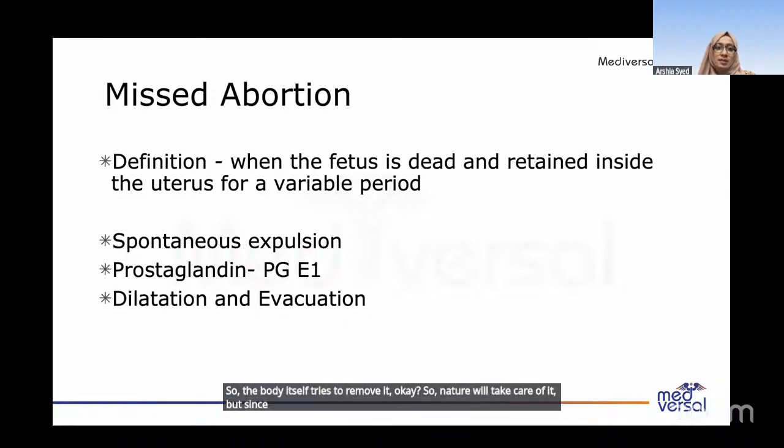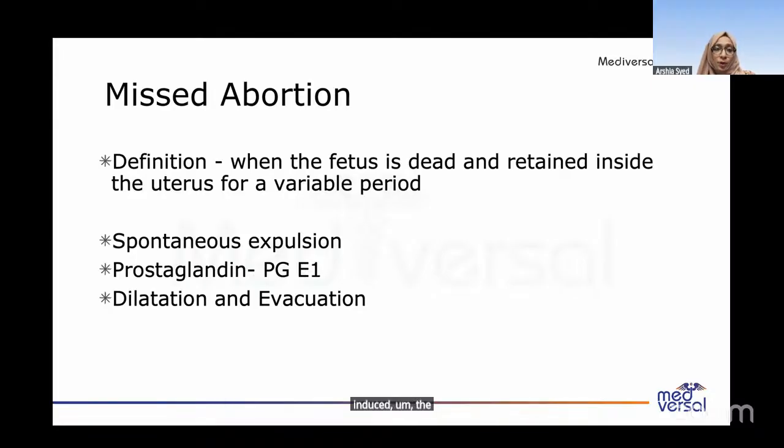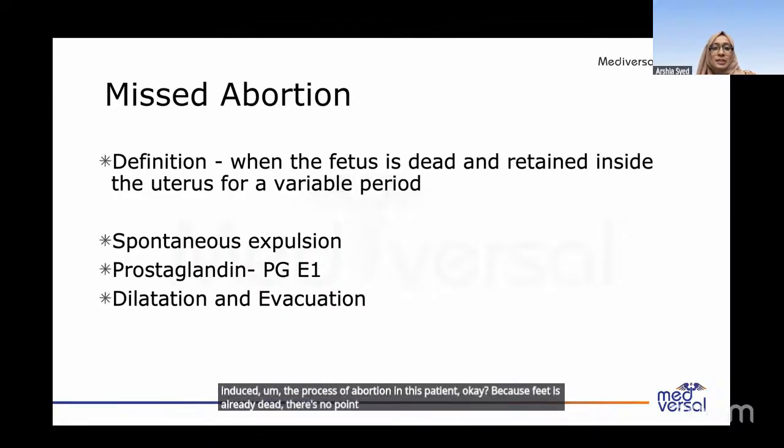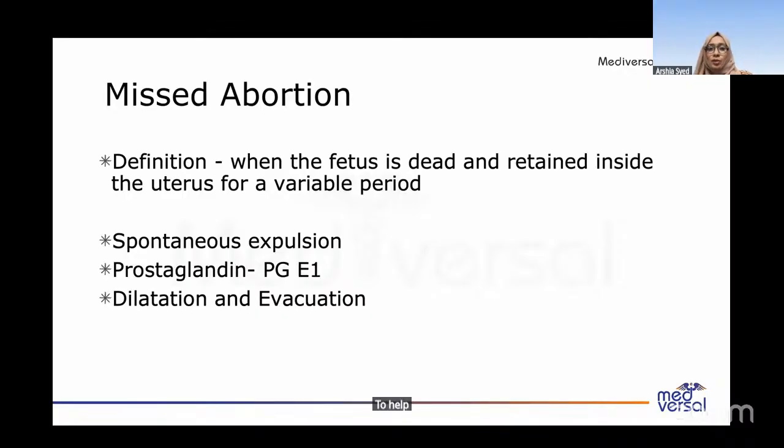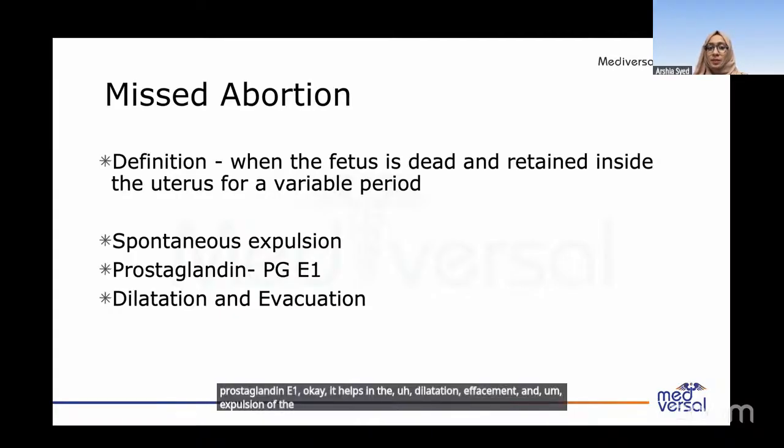But since there is medical help, we can induce the process of abortion in this patient. Because the fetus is already dead, there's no point in continuing the pregnancy. So we can give certain medications to help. The main modality is misoprostol, which is prostaglandin E1. It helps in the dilatation, effacement, and expulsion of the products.